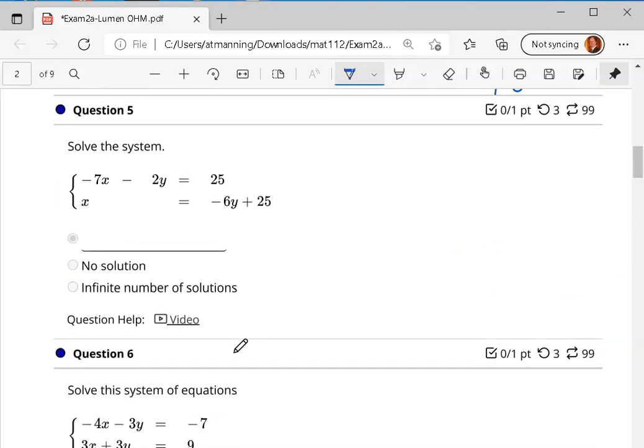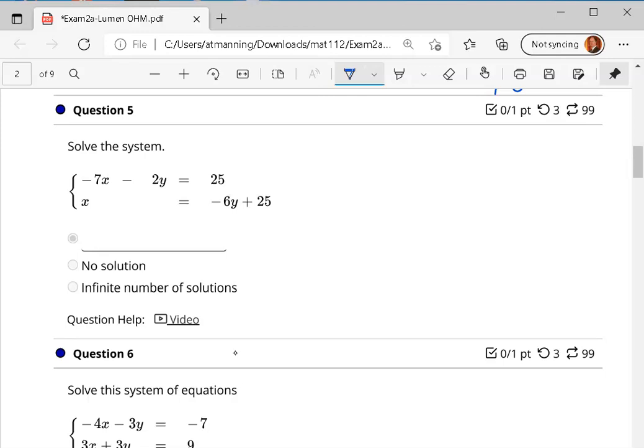Now we're solving systems of equations. They put them in nice order for me. Well, sort of. Let's see here. I have two equations and two unknowns. Can I solve for x and then do a substitution? You know what? Let's just go ahead. I have 7x here.